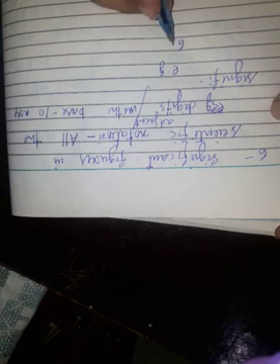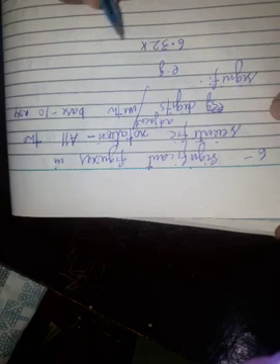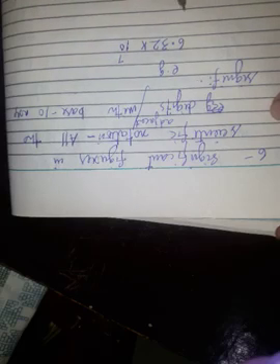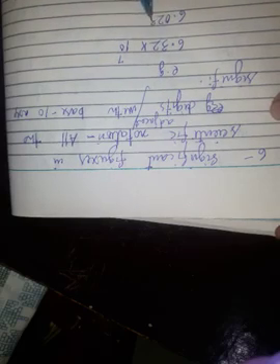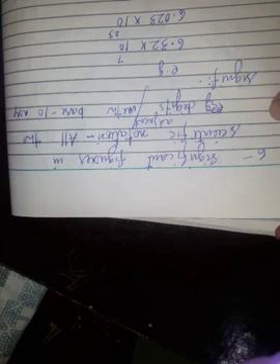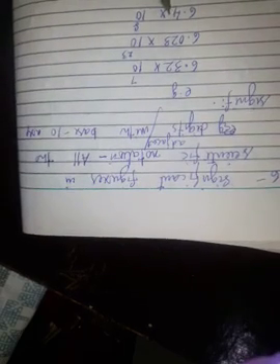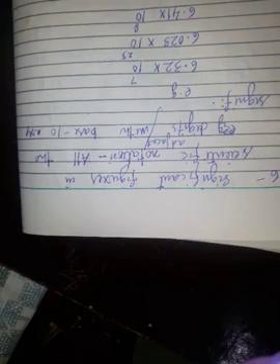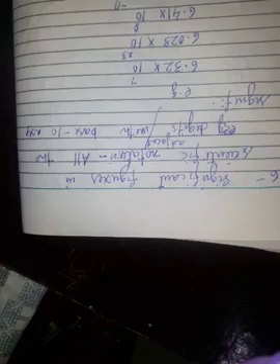For example, I'm writing here numbers: 6.32 into 10 raised to power 7, 6.023 into 10 raised to power 23, 6.4 into 10 raised to power 8, and 74.3 into 10 raised to power minus 11.